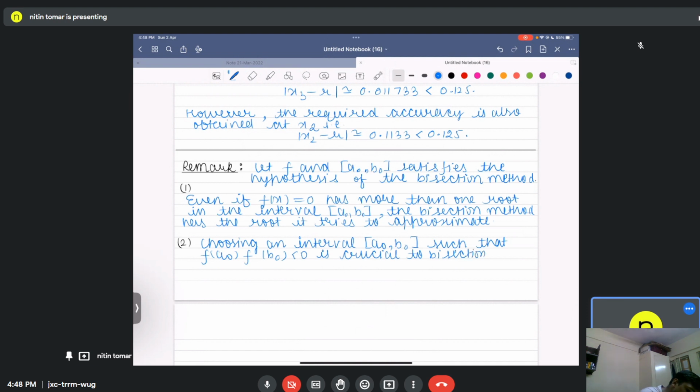You just check the product to be negative, which means that f is taking opposite signs. However, there is no general procedure to find such an interval.